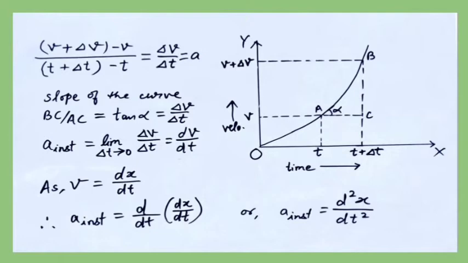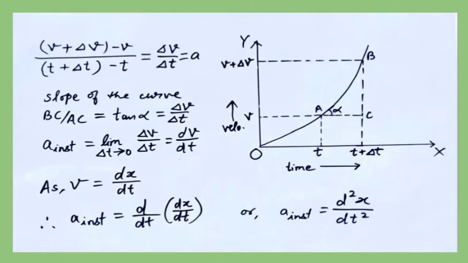In a previous lesson, we have already seen that v is equal to dx by dt. Therefore, instantaneous acceleration is equal to d by dt of dx by dt, or it is equal to d2x by dt square.